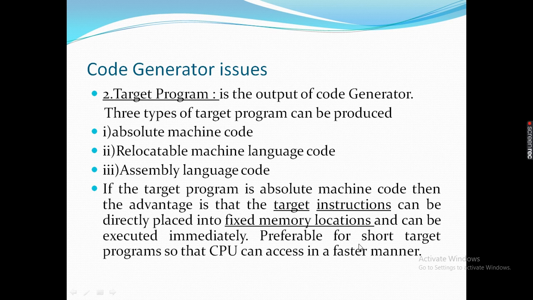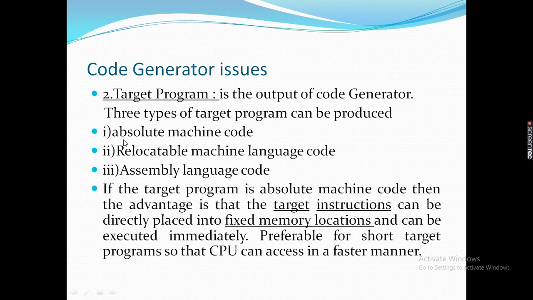So absolute machine code is preferable for short target programs so that the CPU can access them in a faster manner.